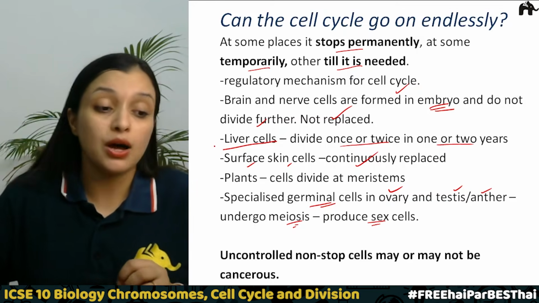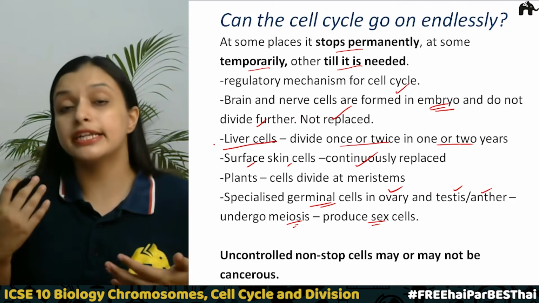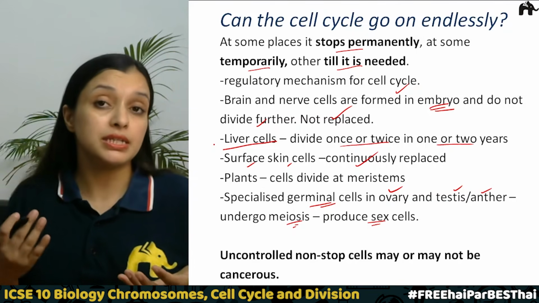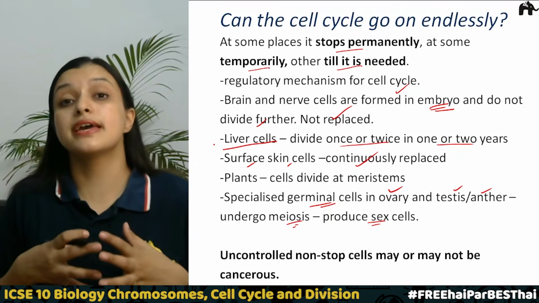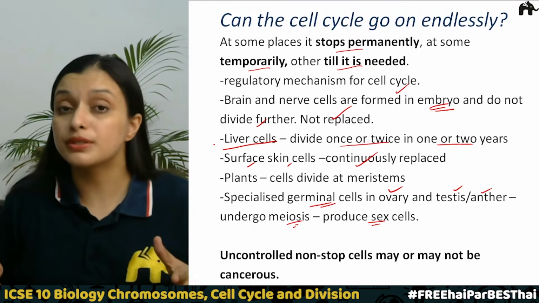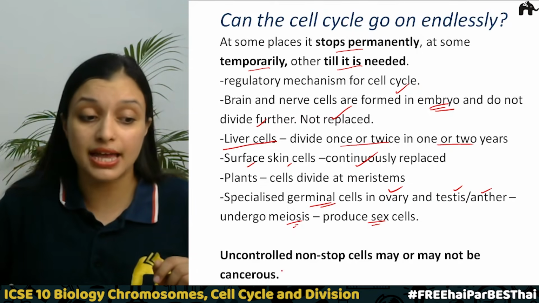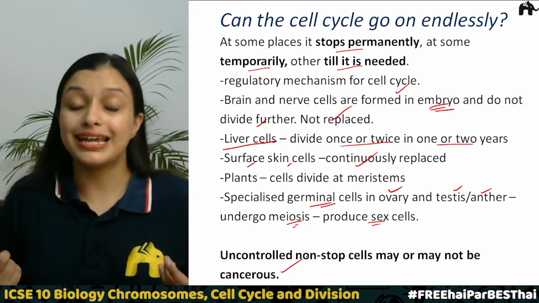Now there are some cases when the cell goes on dividing and dividing and dividing. It means there is uncontrolled growth. In those cases, there are chances that the person may get tumors. These tumors can be benign or malignant.